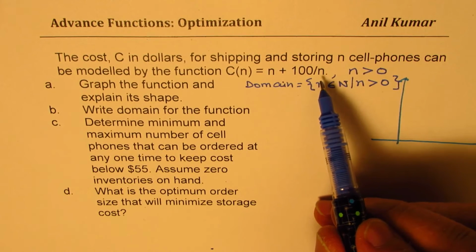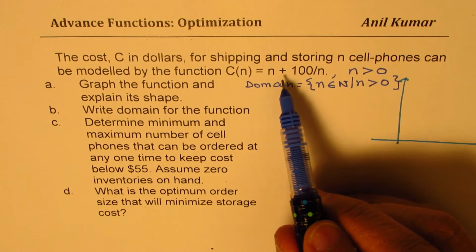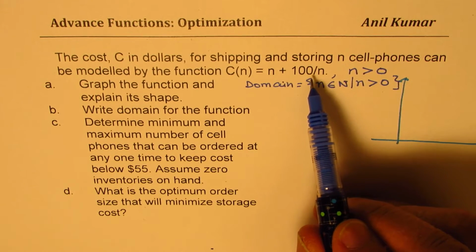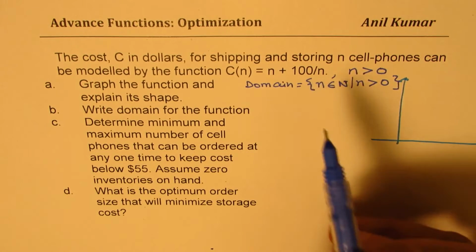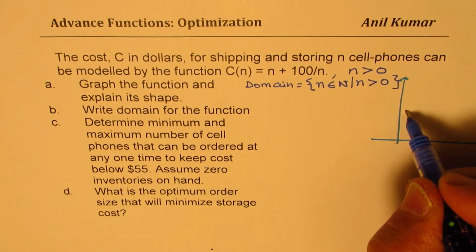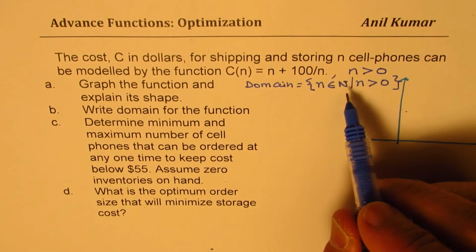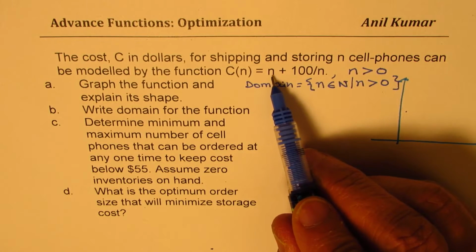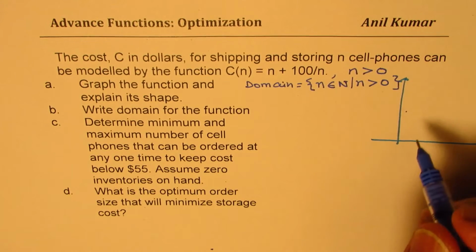If n equals 1, then the value is 1 plus 100, which is 101, right? So the value starts with 101. Now, as the value of n increases, if n becomes 2, then it becomes 2 plus 50, which is 52, right?